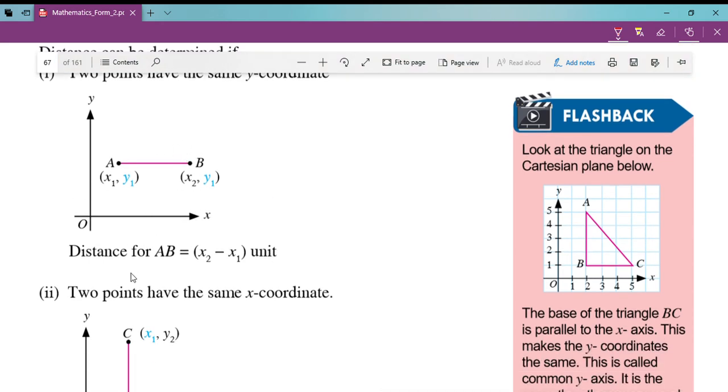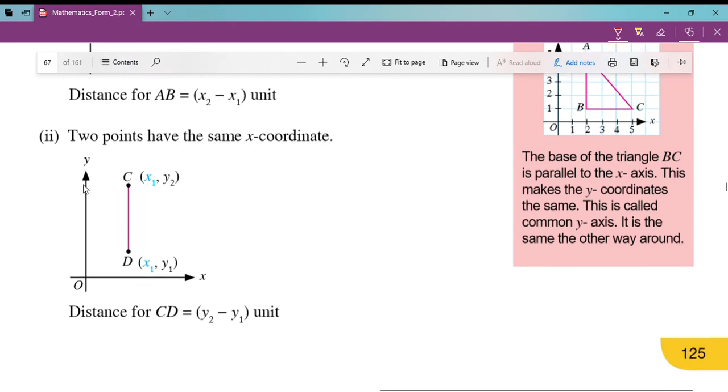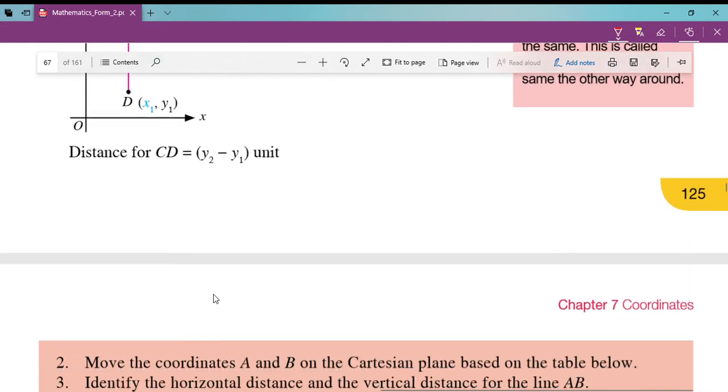Large minus small. Next example, when the x value is the same, we compare y here. For vertical, the higher the point, the higher the value. So we use the larger value minus the smaller value, which is y2 minus y1.